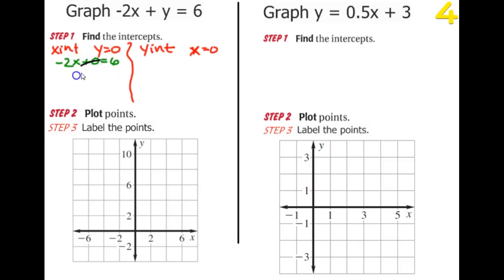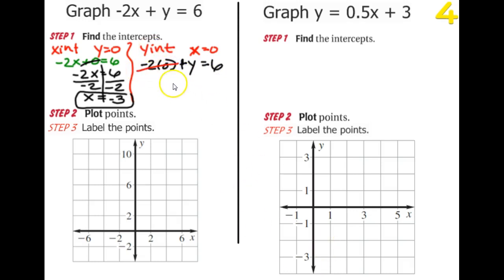Well, 0 is just 0, so we have negative 2x equals 6. So if we divide by negative 2, x equals a negative 3. And then our second one, x is 0, so negative 2 times 0 plus y equals 6. Same thing here, eliminates because that's just 0, and we have y equals 6.